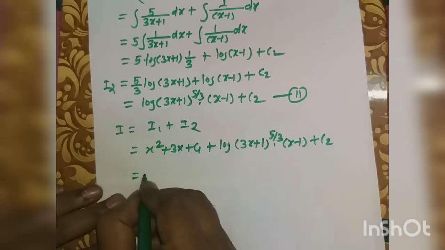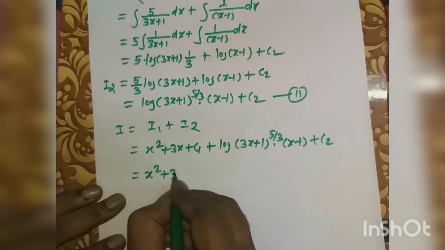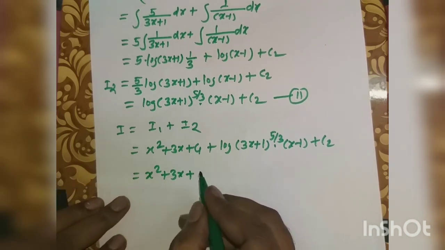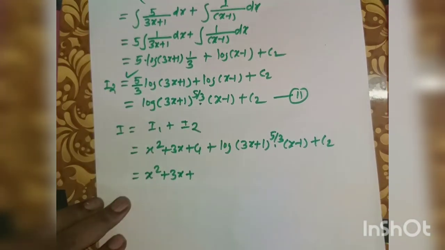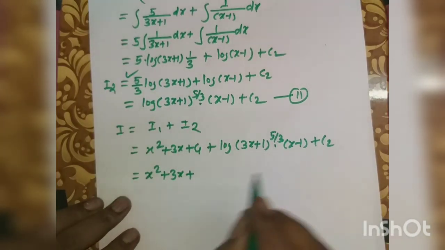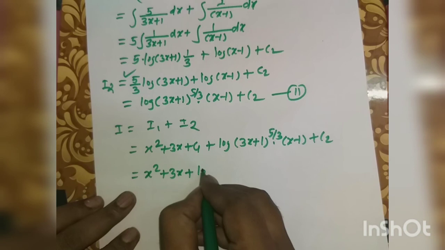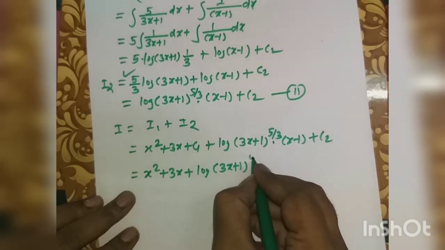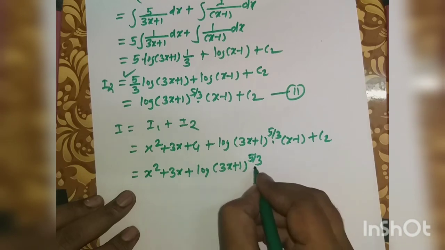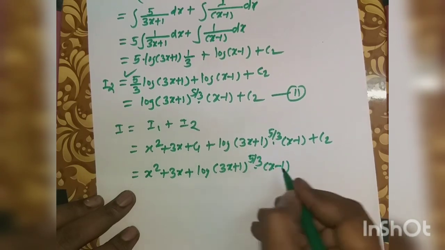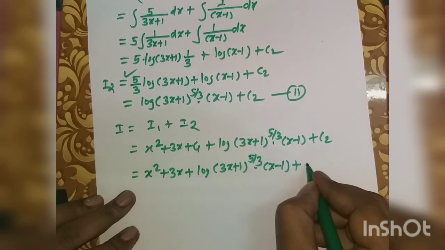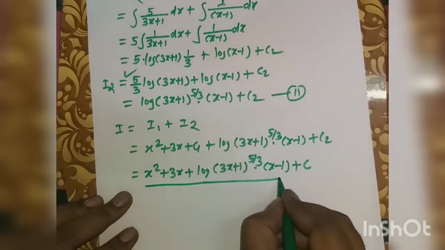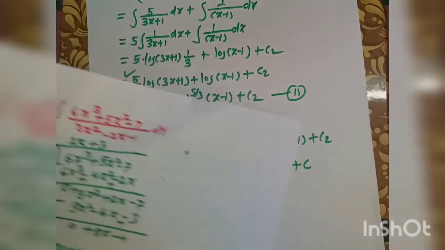Lastly, x squared plus 3x plus the modified answer, log of 3x plus 1 raised to 5 by 3 into x minus 1, plus c1 plus c2, is the integral constant c, which is the final answer of this example.